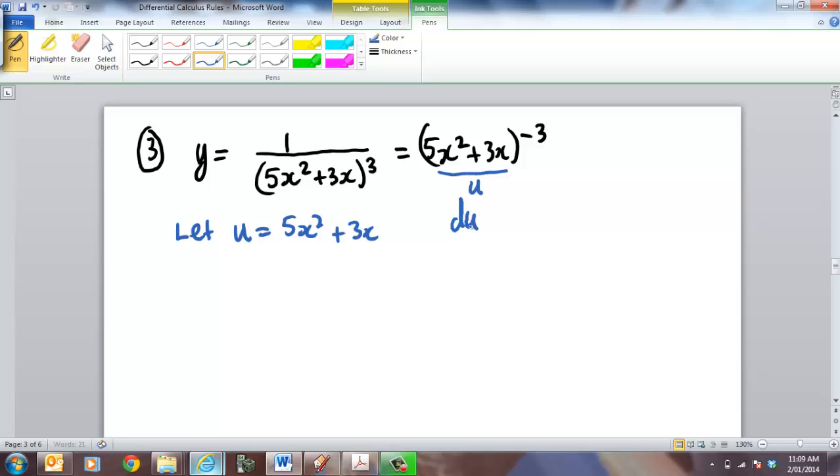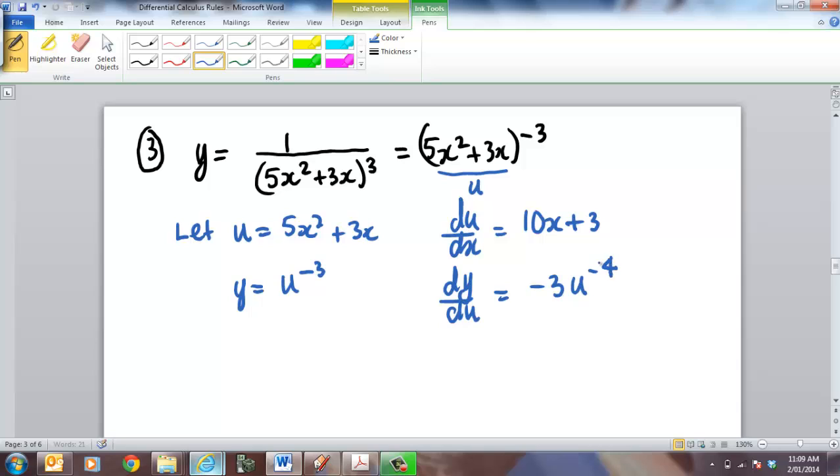Then we differentiate that with respect to x, and that becomes equal to 10x plus 3. Each of these calculations is pretty easy. Then y is equal to u to the power of negative 3, so dy/du is equal to negative 3 u to the negative 4.